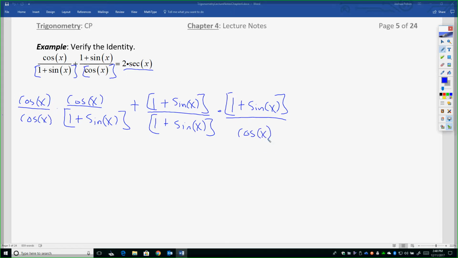Okay, just going to leave off the 2 equals 2 secant at this point. So this fraction went to here, and this fraction went to here. We can do some simplifying now.